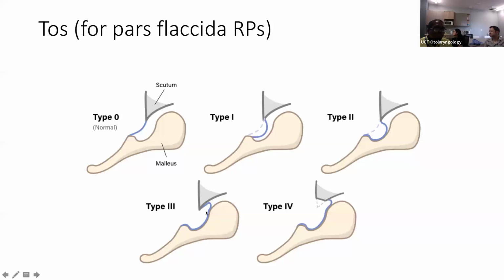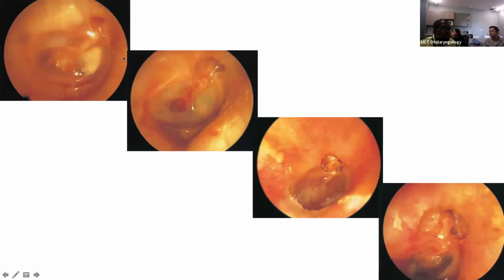The type 3 is when the bony rim or the annulus is becoming eroded to some extent. Then type 4 is where you have a definite erosion of bone of the annulus. Again, these are pictures from Scott Brown.